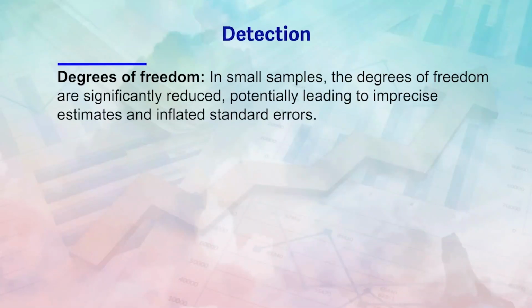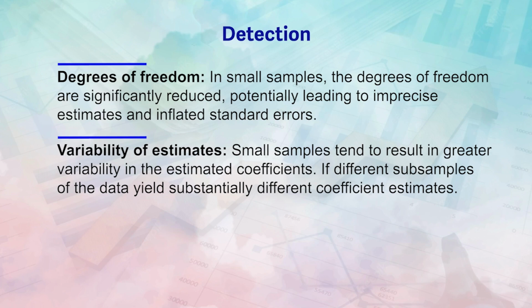So basically the first important issue is the reduction in the degrees of freedom, and that will make the estimates imprecise or invalid. The second important point is the variability of the estimates. It may happen that the estimated coefficients are not significant, and this can be because the number of explanatory variables is sufficiently large relative to the number of observations.